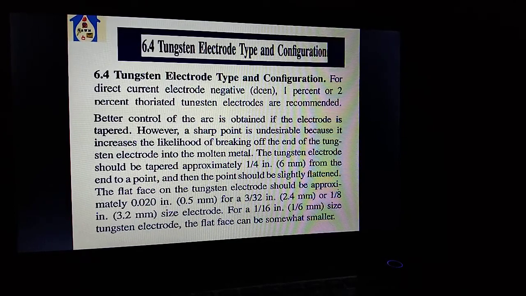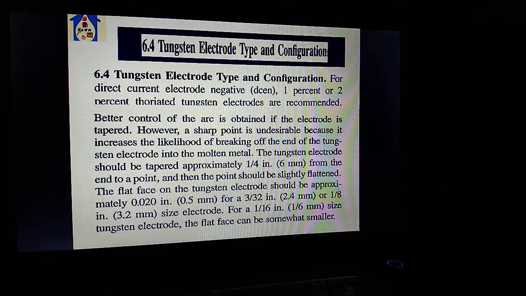Tungsten electrode configuration. For direct current electrode negative, DCEN, 1% or 2% thoriated tungsten electrodes are recommended.